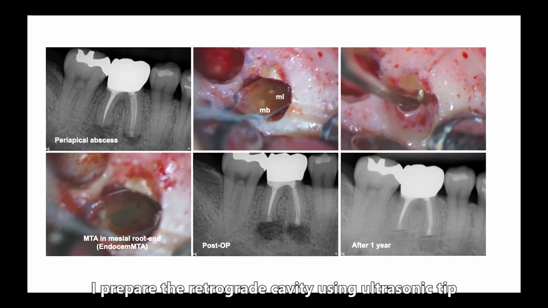I prepared the retrograde cavity using an ultrasonic tip, and I filled the cavity using mixing type gray MTA. If you take a look at the post-op X-ray, the filled MTA is clearly visible. After 1 year, the radiolucency had completely disappeared, and the problem was solved.